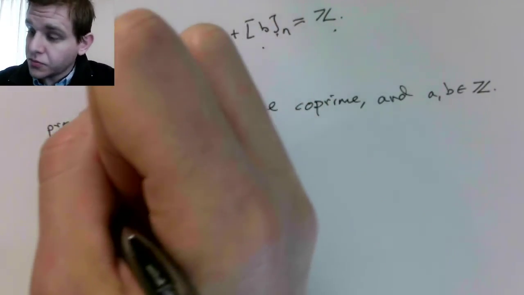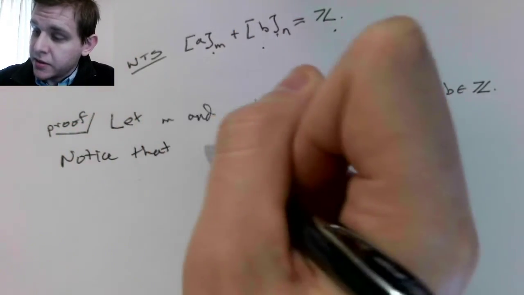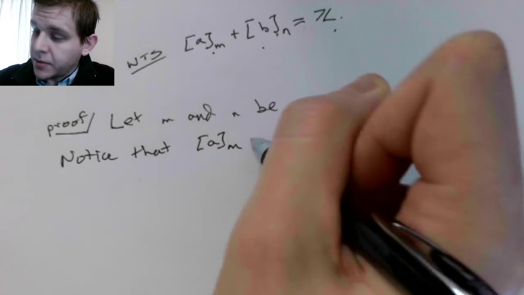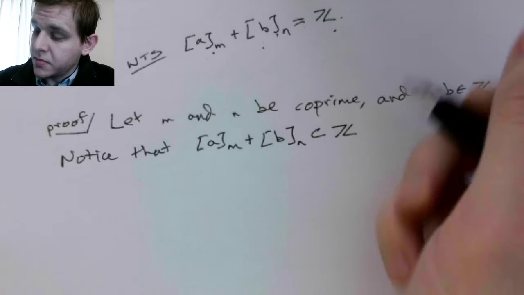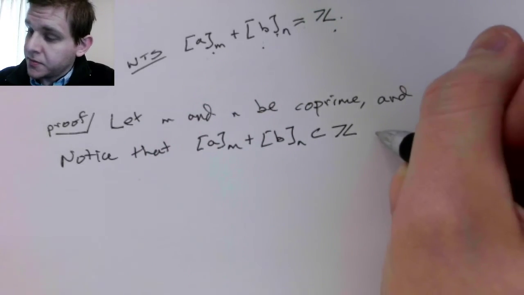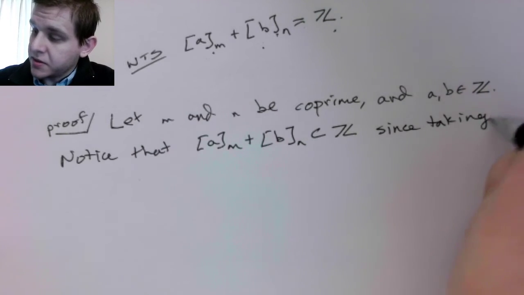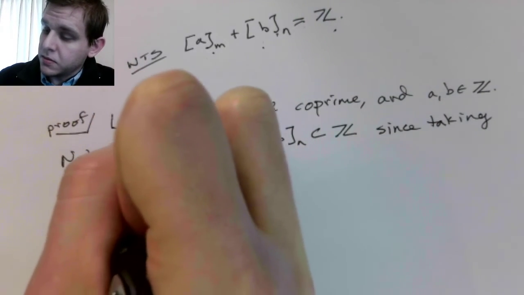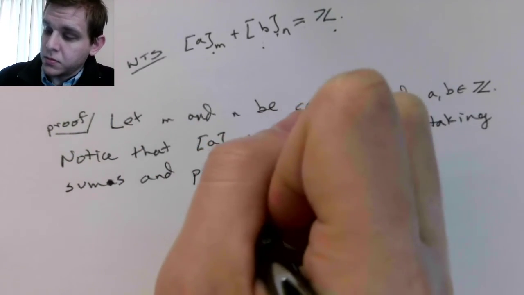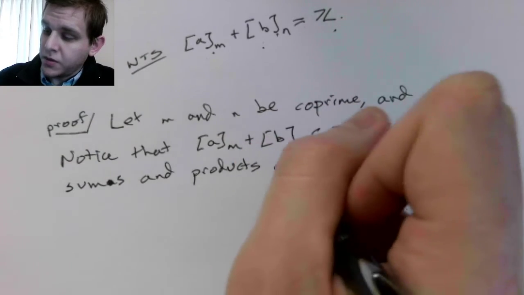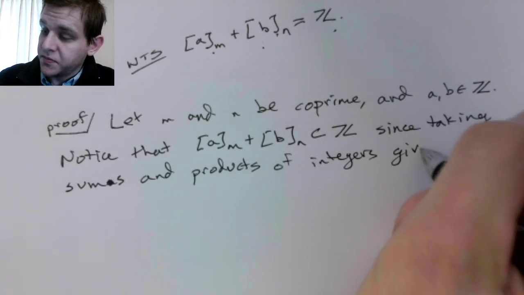So notice that a sub m plus b sub n is a subset of Z, since taking sums and products of integers gives integers.